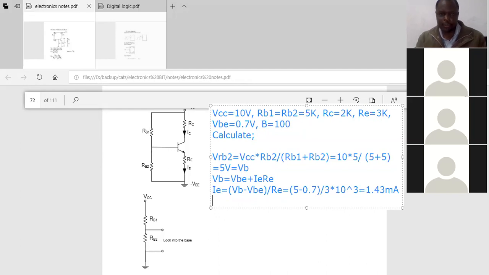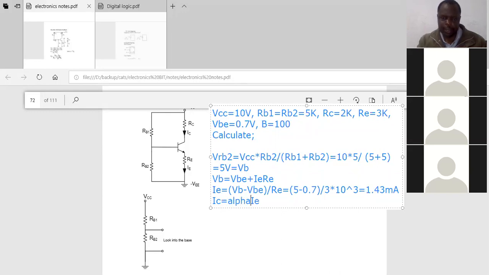And this is what happens. IC is equal to IE times alpha.